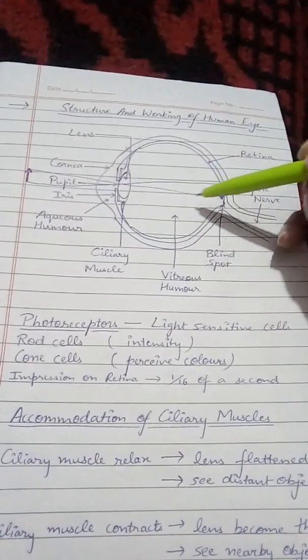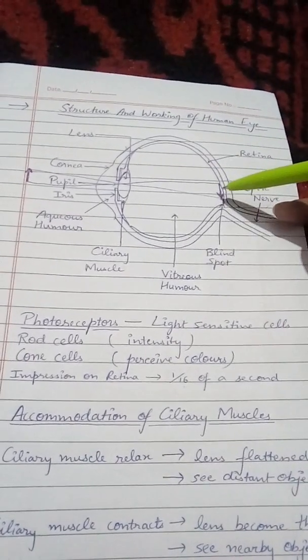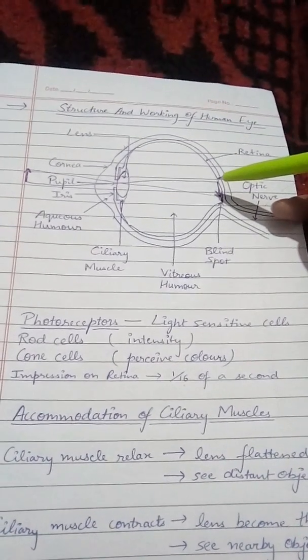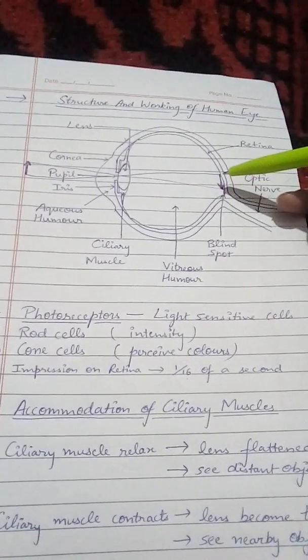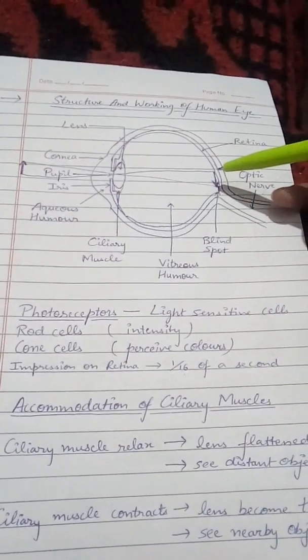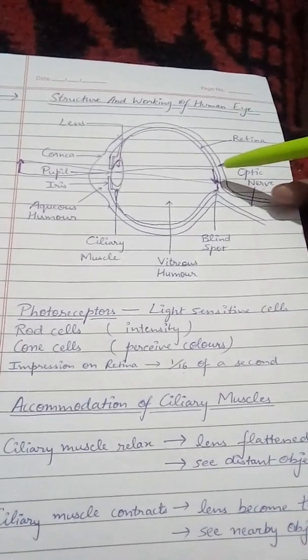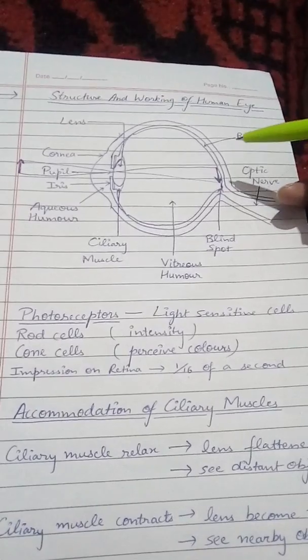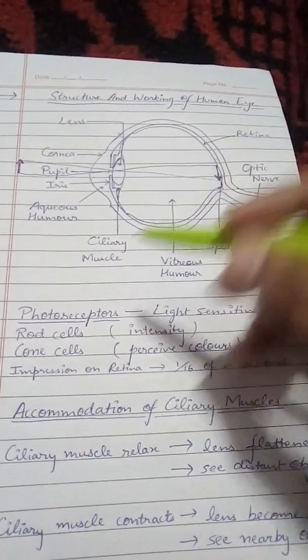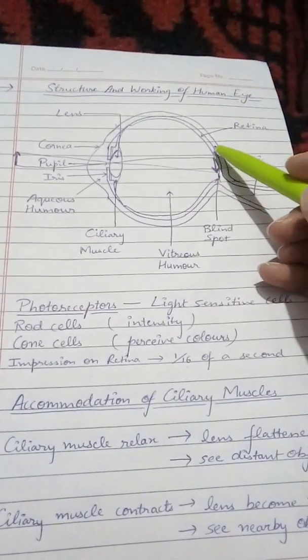When the image is formed on the retina, we are able to differentiate whether the object is in dark or in bright light, and also we can differentiate between different colors. This happens because of photoreceptors present in the retina.